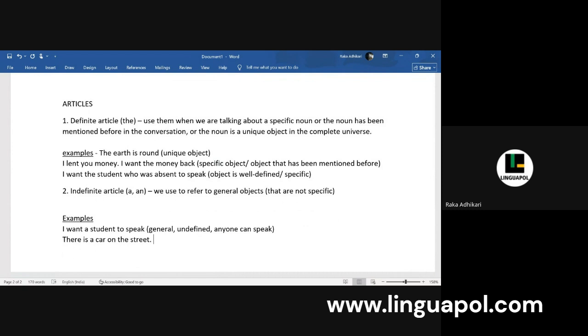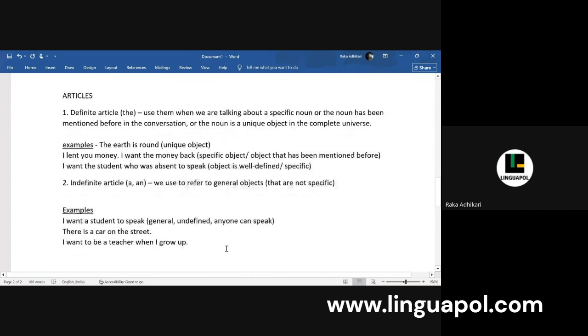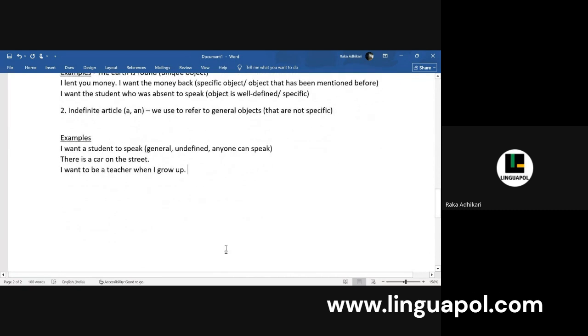I'm talking that there is a car on the street. I want to be a teacher when I grow up. I want to be a teacher. Generic. I'm not talking about any particular teacher. I'm just saying I want to be this person. I want to be a teacher when I grow up. So these are some examples of indefinite articles.